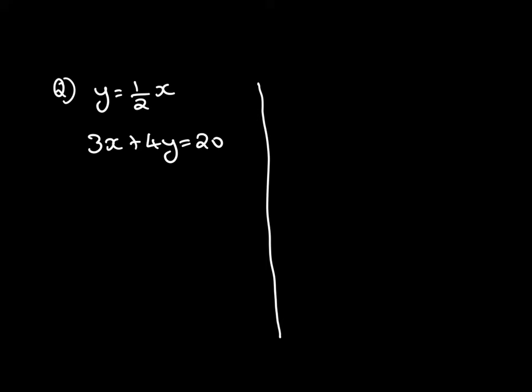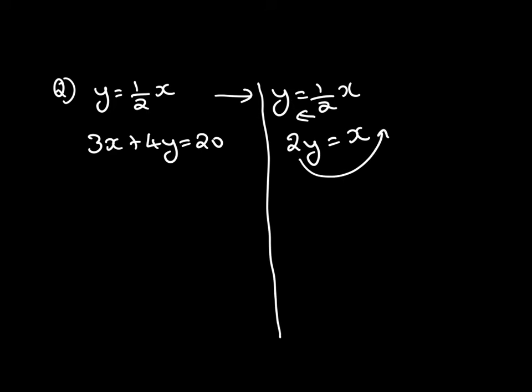Let us graph this pair of linear equations. We can write y equal to half x in a more simplified way by cross multiplying, to get 2y equal to x. We can move this over here, so x minus 2y equal to 0. This is another form of writing y equal to half x.